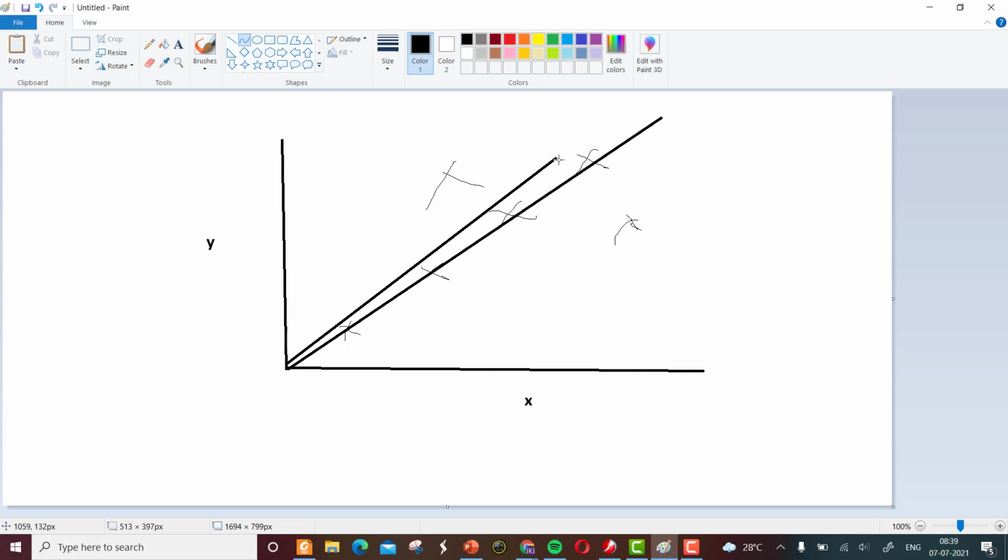I'm not drawing the correct way. So maybe like this. So in some cases, there may be a curved line or a parabola which will most suit the equations. So in the first part of this module 6, we are going to learn how to express the equation by a straight line equation as well as the parabolic equation.